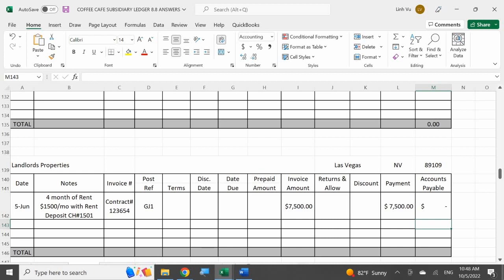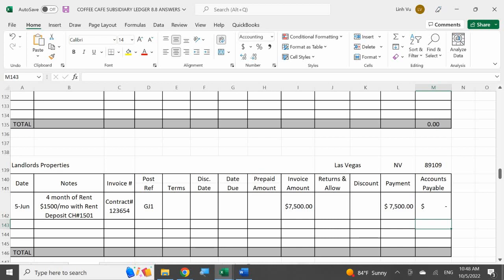Now, as we go through our scenarios, we're going to build upon the concepts and everything is going to slowly start making more sense. This is only our first time using the subsidiary ledger, so that's all you need to know so far. As we go through it, we'll start introducing what happens when you need to use a prepaid, when you return some products, and when you get a discount.